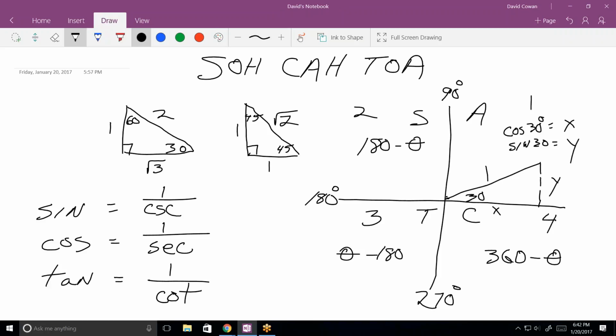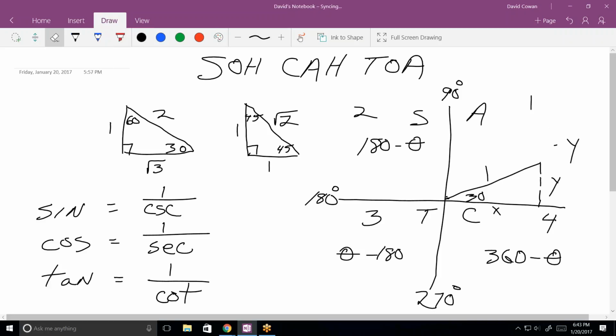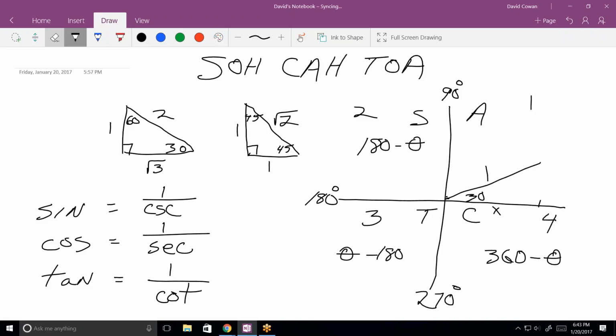That means that every single spot on our unit circle, the x-coordinate at the end of that ray is the cosine, and the y-coordinate is the sine. In other words, my coordinates of that point are cosine theta, sine theta.